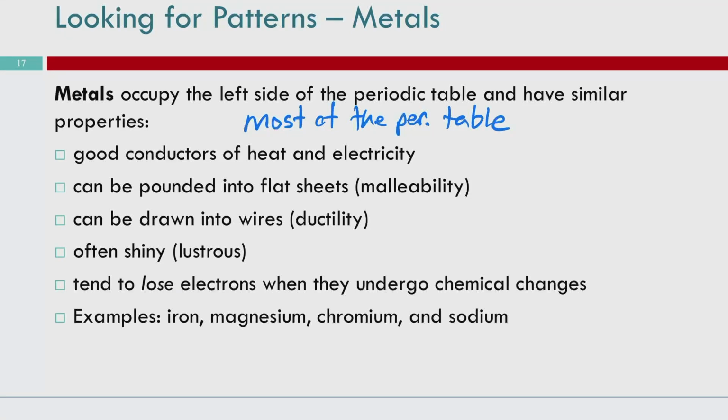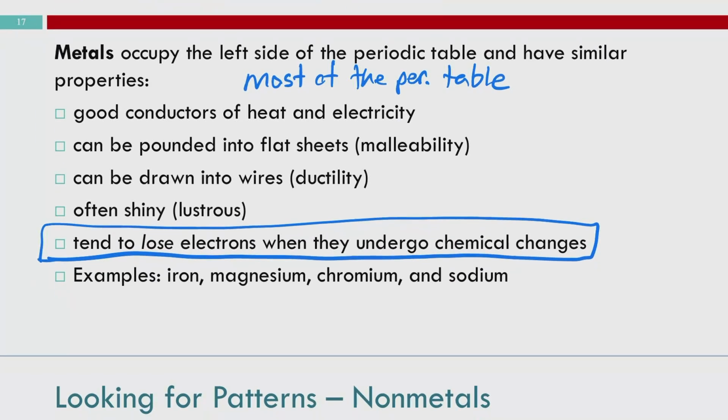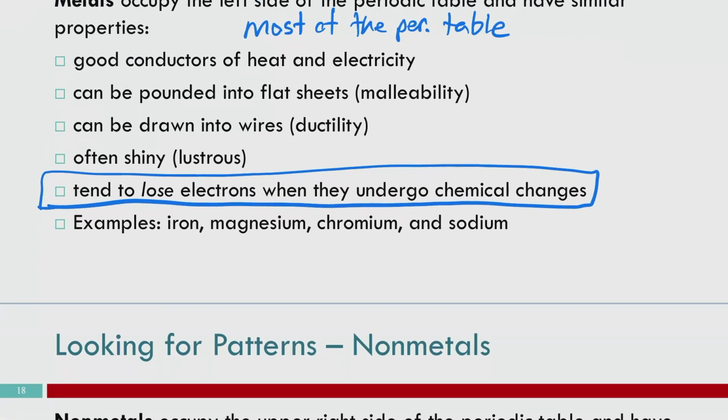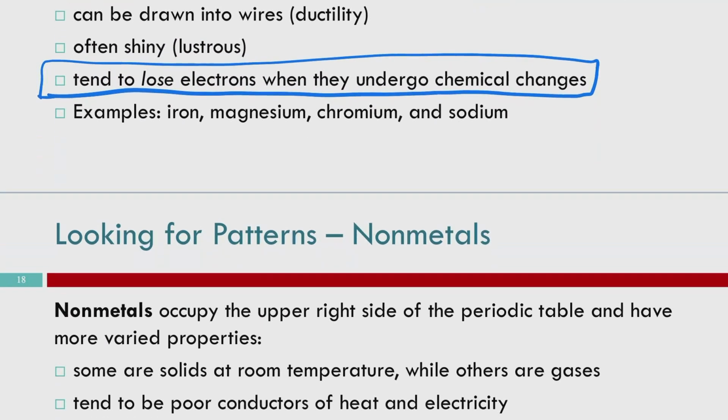And important for us, they tend to lose electrons when they undergo chemical changes. So examples include things like iron, Fe, magnesium, Mg, chromium, Cr, and sodium, Na. Again, this tendency to lose electrons when they undergo chemical changes is big and important.